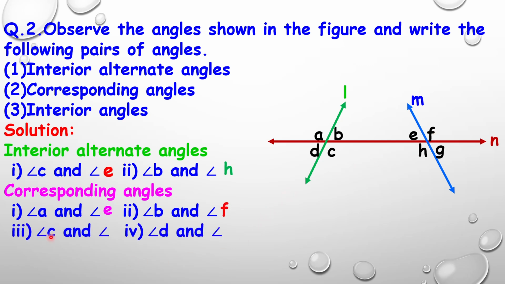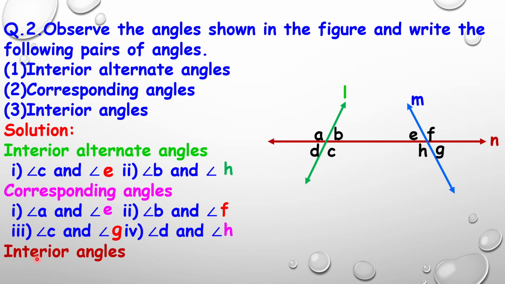Third angle given, angle C. Which is the corresponding angle of angle C? Yes, angle G is the corresponding angle of angle C. You see in the figure here angle D is given. Which is the corresponding angle of angle D? Correct. H is the corresponding angle of angle D. Then we have to write interior angles.